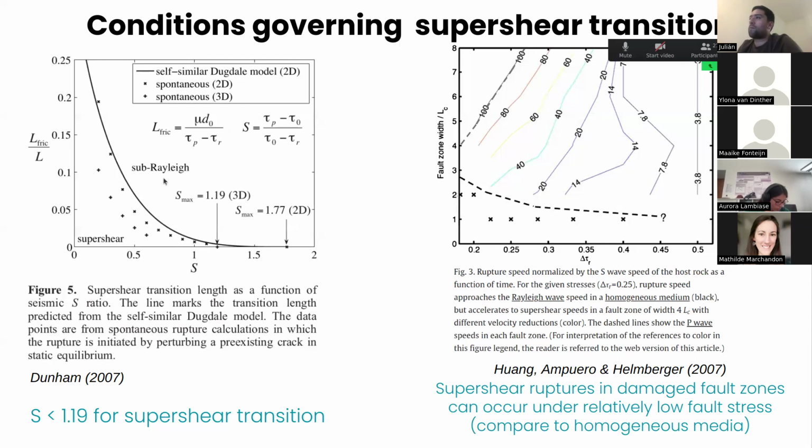This figure shows how the seismic ratio must be smaller than some critical value for the transition to occur in a homogeneous medium. And here you can see a figure from Wang and collaborators that shows that when there is a low velocity zone around the fault, as can happen, for example, for mature faults, then supershear ruptures can occur under relatively low fault stress compared to a homogeneous medium.